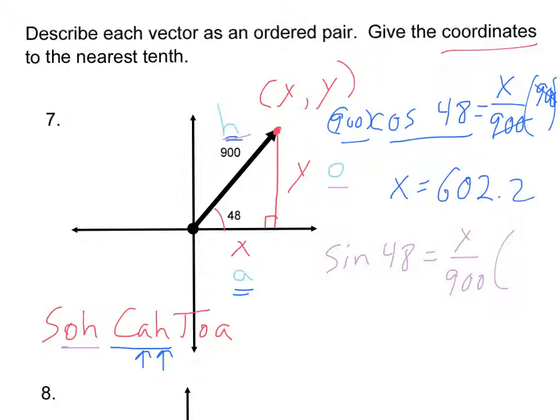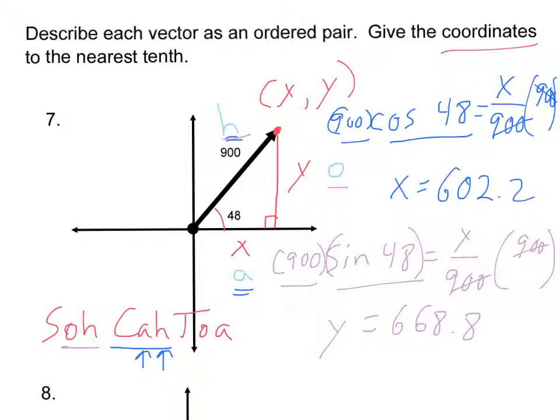And I'm going to do the same exact thing. Get the 900, multiply it, so that y equals 900 times the sine of 48. And when I do that, I find that y equals 668.8 when rounded to the tenths place.